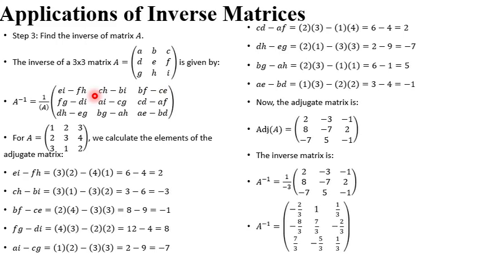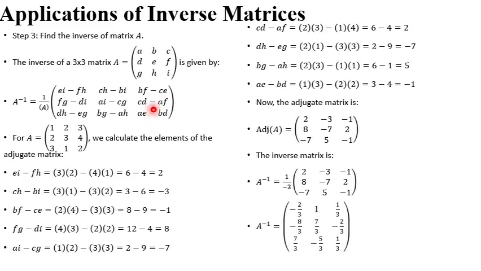The inverse of matrix A equals 1 over the determinant of matrix A multiplied by the adjoint of matrix A. So how do you find the adjoint of matrix A? I'll just show you a very simple formula, and you should be fine with that.